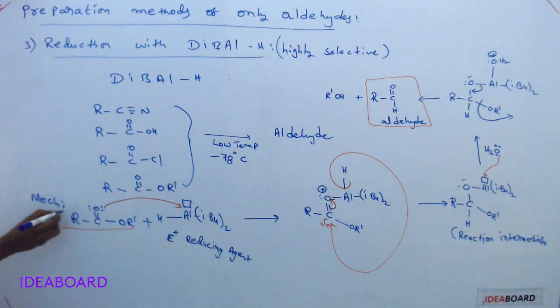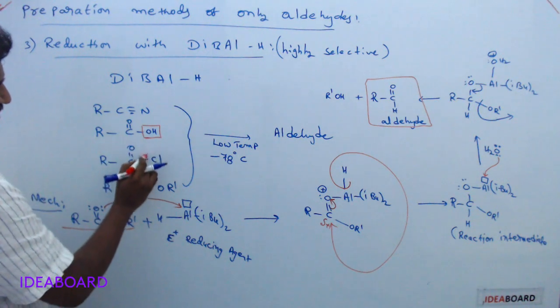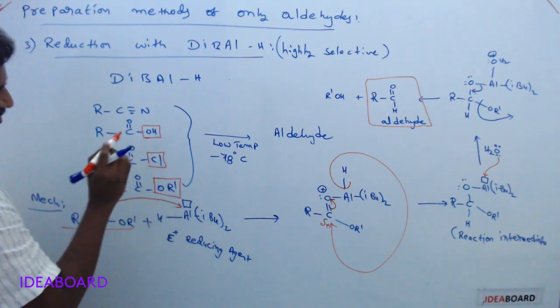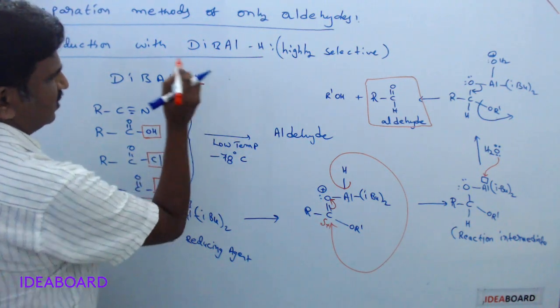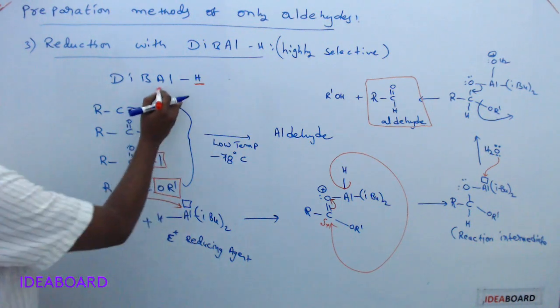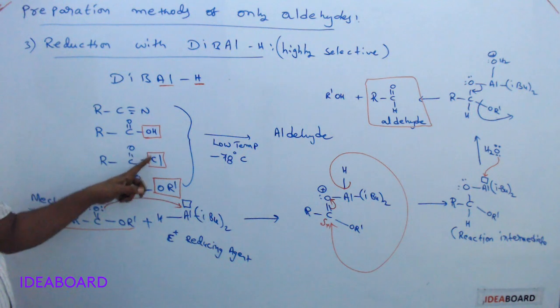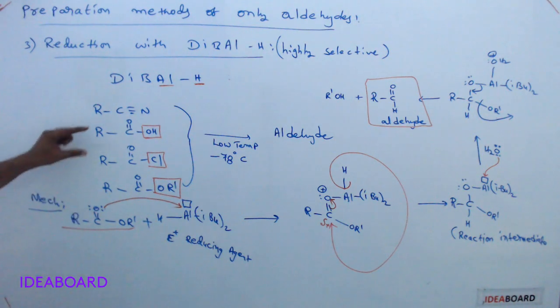How can you remember it simply? Wherever the group we have, the OH group is replaced, or the Cl group is replaced, or this OR group is replaced simply by hydrogen. So aldehyde formation is by simple addition of hydrogen in the place of OH, Cl or OR'. That is simply how to write the product.